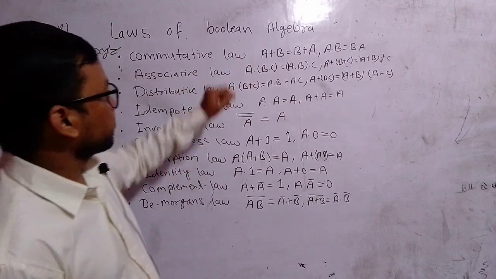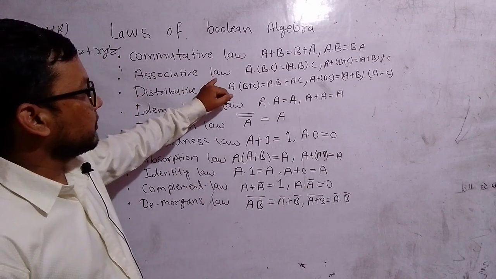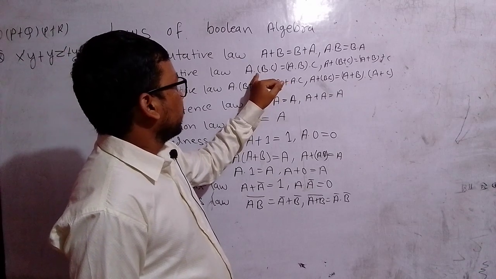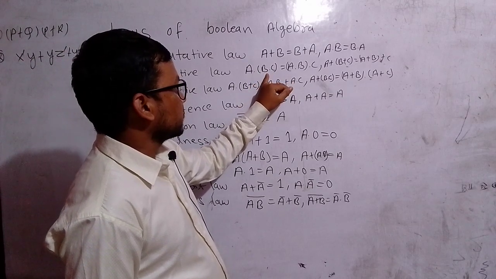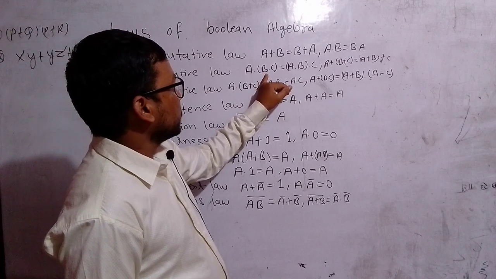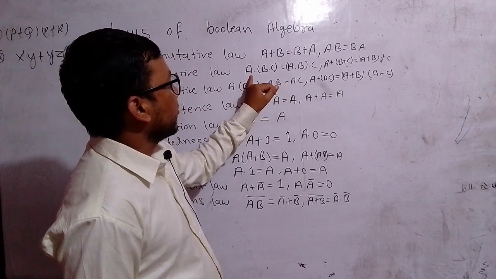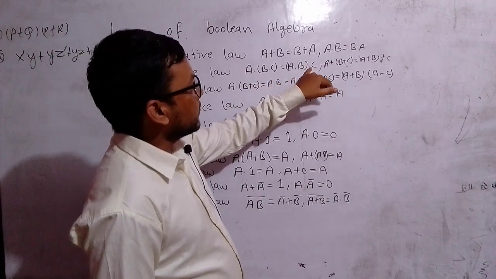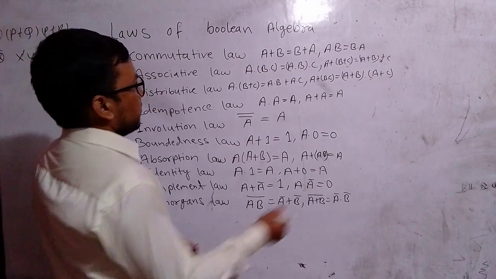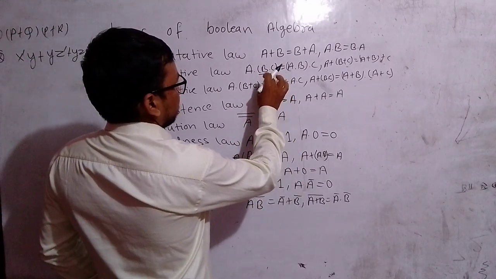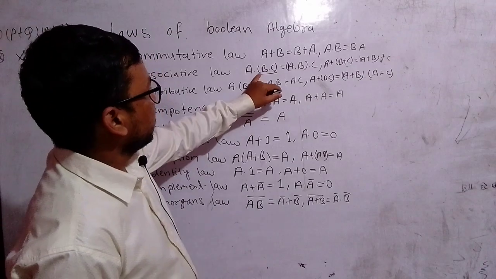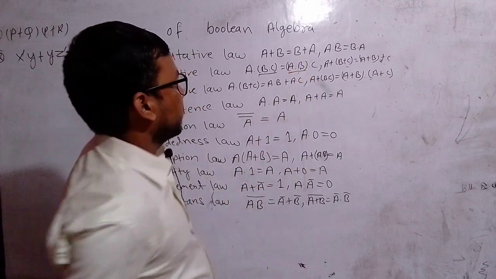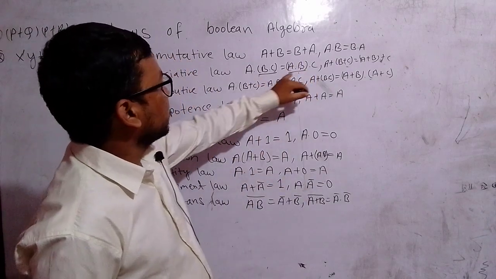And associative law. Associative law focuses on the priority. Here we have performed B dot C first, and the output is ANDed with A, which gives the same result as A dot B and after that dot C. That means the first priority is B dot C on the left hand side, and the first priority is A dot B in the second case, and both cases are similar.